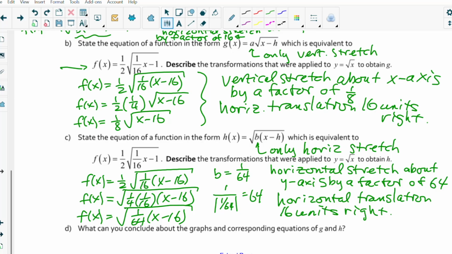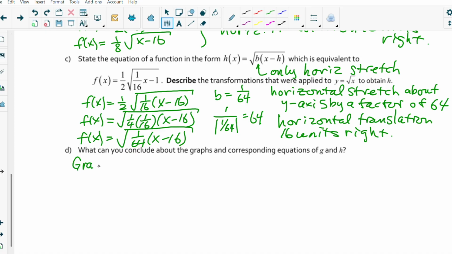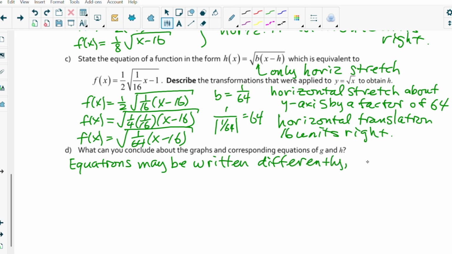Letter D, what can you conclude about the graphs and corresponding equations of G and H? Well, let's say this. Equations may be written differently, and I'll say in parentheses, with different transformations. But the graphs are identical.